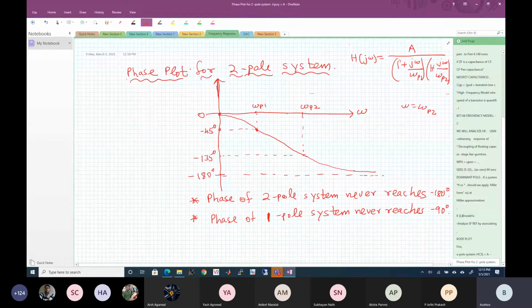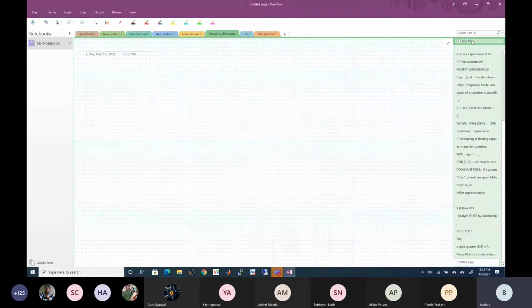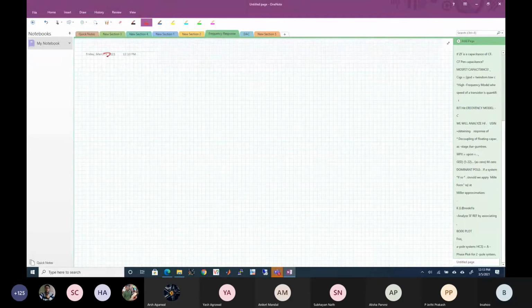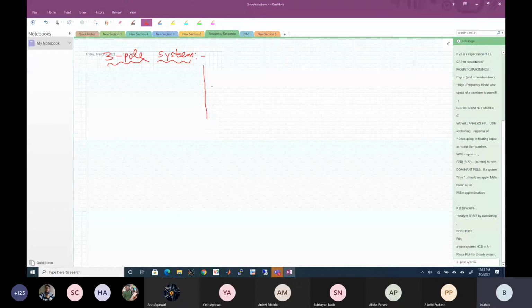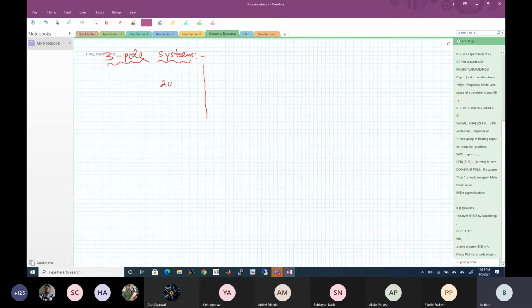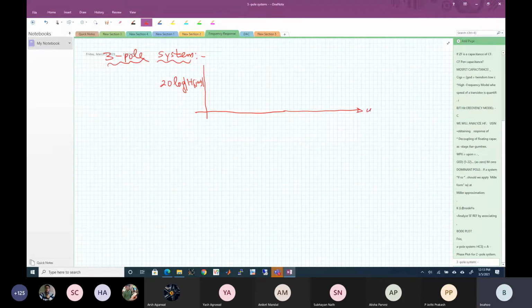So the bottom line is, if I now have a three pole system, what happens? That means if I draw the gain, 20 log of the magnitude of H of j omega, this is omega in log scale, by the way.